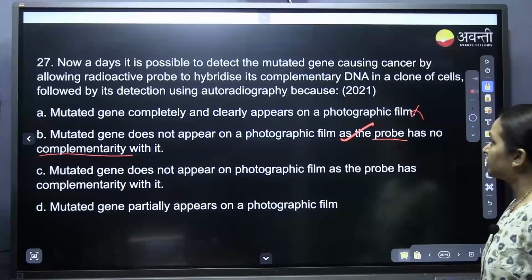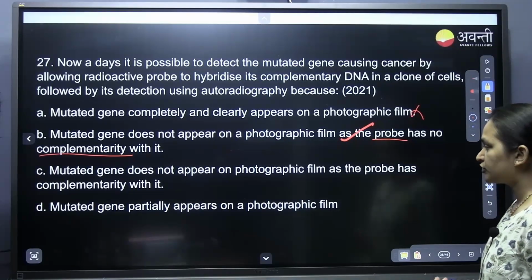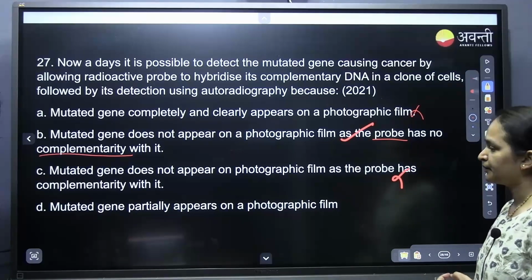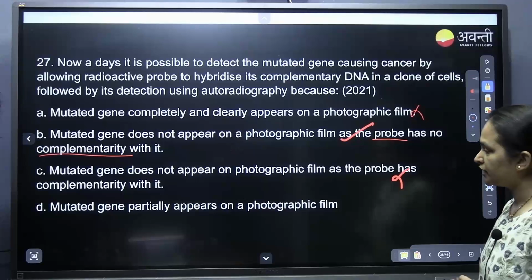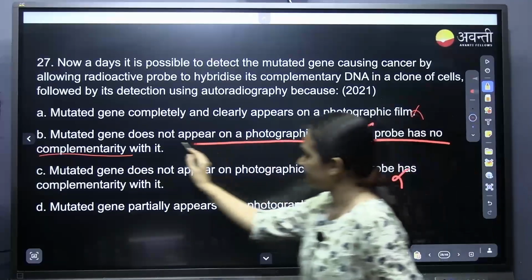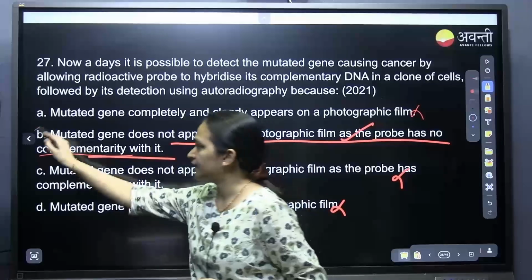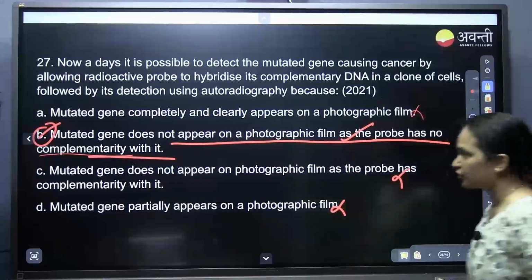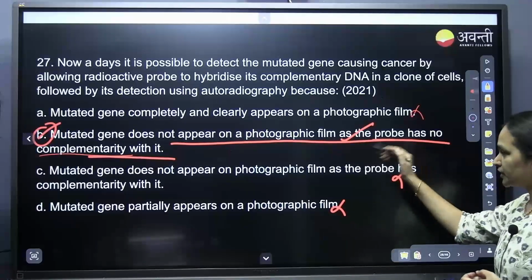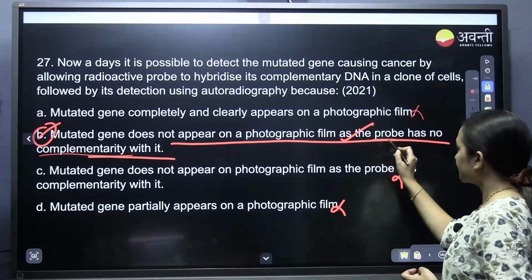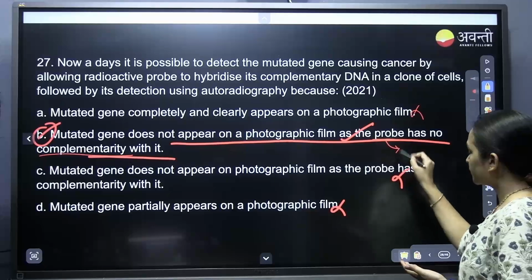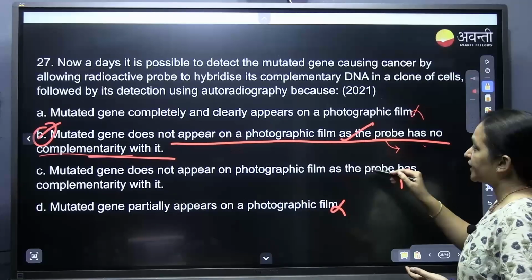That is why the mutated gene does not appear on the photographic film. So this is the correct answer: the mutated gene does not appear on the photographic film, because the probe is tagged with radioactivity but is not complementary to it.